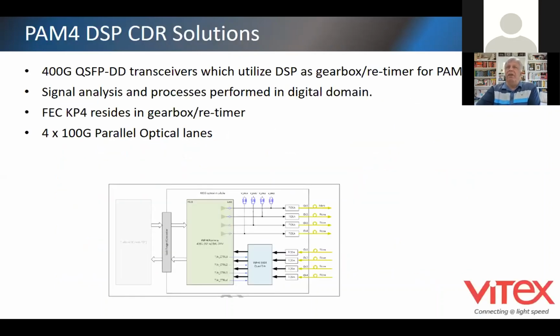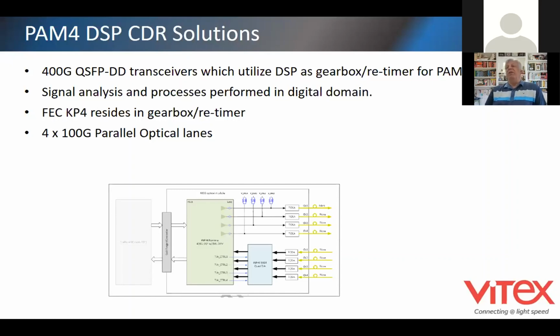Here's just a little bit of the PAM4 CDR solution. You can see it uses a DSP on the gearbox, and we're going to take 8 electrical signals in and transform them into 4 100 gig signals. And on the right here, you can see the wires that are coming out, and of course 4 on the top are for transmit and 4 on the bottom are for receive, but you can see they're all in parallel mode.